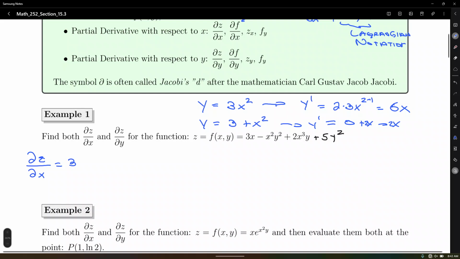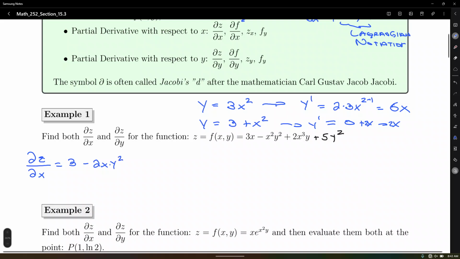What is going to be the derivative of x squared y squared? In this case, the y squared is multiplying the variable x squared in a similar way that the 3 is multiplying x squared right here. Since y squared is just a multiple constant while we differentiate with respect to x, we just differentiate the x squared, that's 2x, and keep the y squared as a multiple constant.